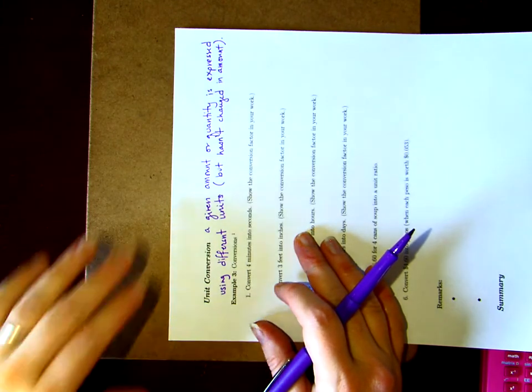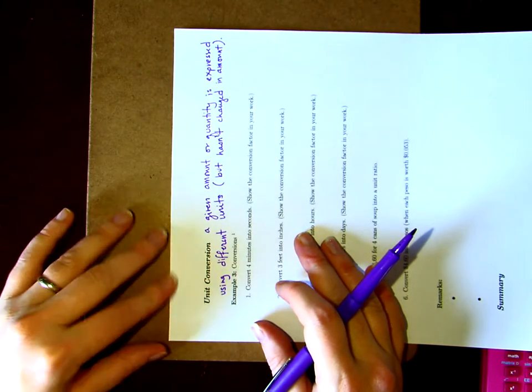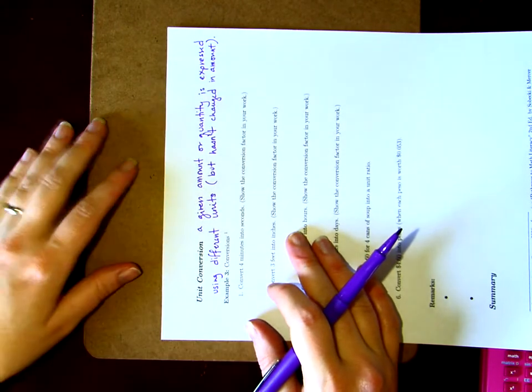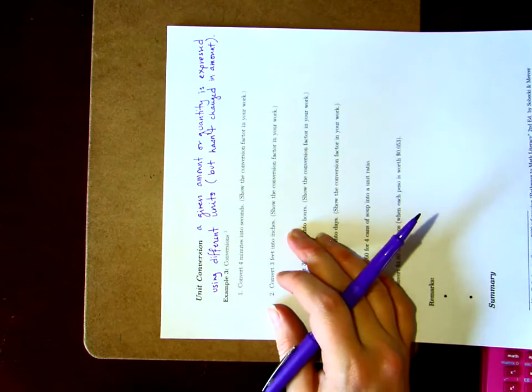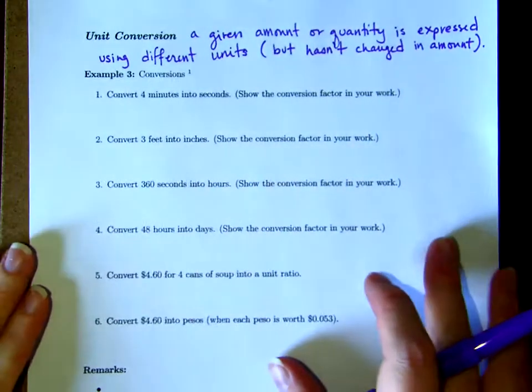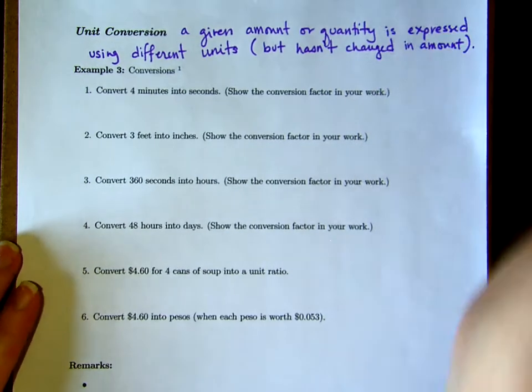In inches it's going to be like 8, and in centimeters it's going to be like 20 something, because centimeters are a little bit smaller. It's the same amount, just converted with a different measurement.